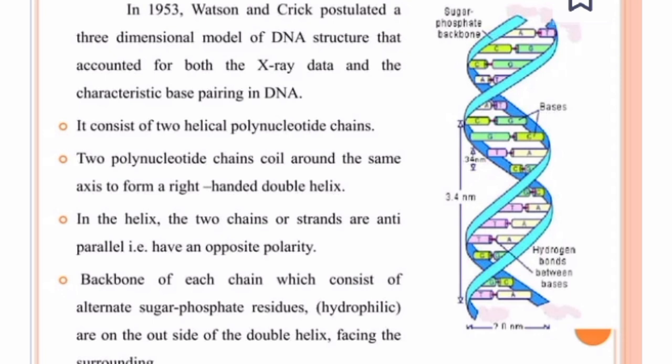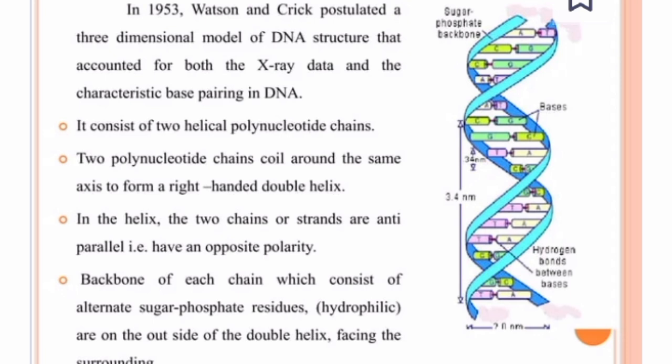The DNA is a right-handed double helix. It consists of two polydeoxyribonucleotide chains twisted around each other on a common axis. The two strands are anti-parallel. One strand runs from 5' to 3' direction while the other runs from 3' to 5' direction.